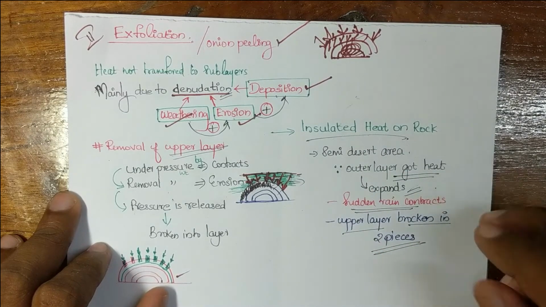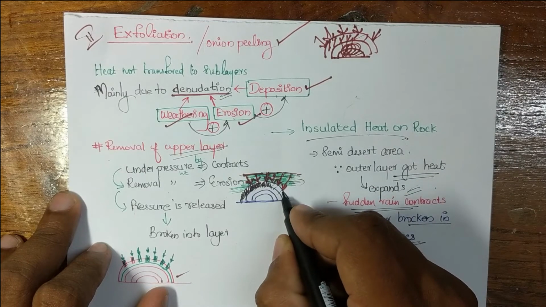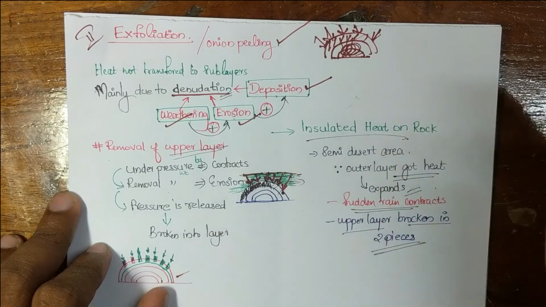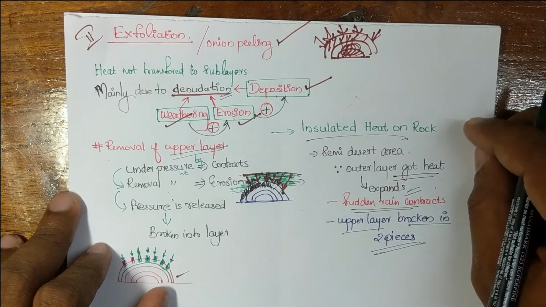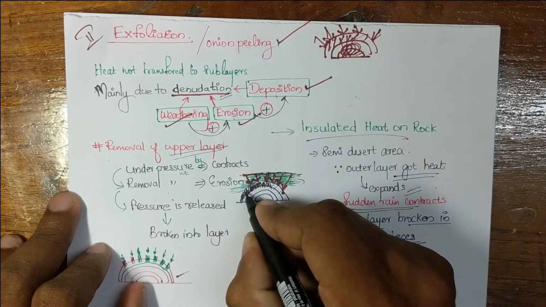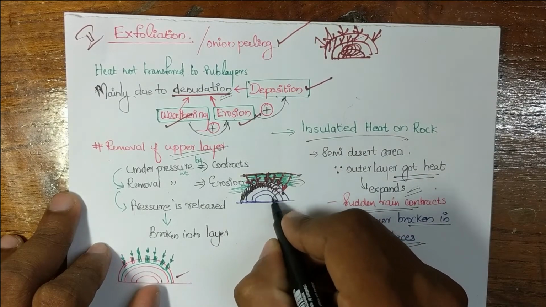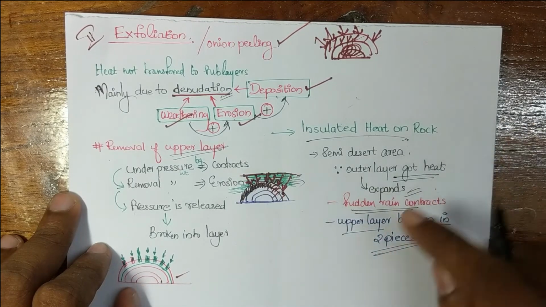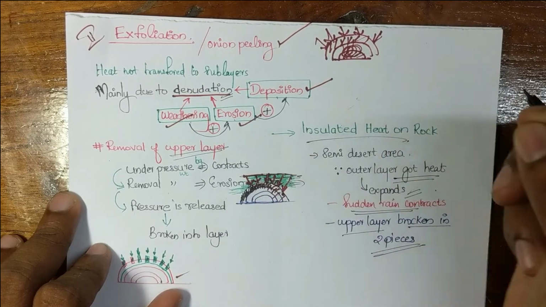Under the pressure given by the soil, contraction takes place. When erosion occurs, the soil will be washed away. As a result, the pressure will be removed and released, and the layer starts to break. The cycle continues forever, and the layers peel off like an onion.